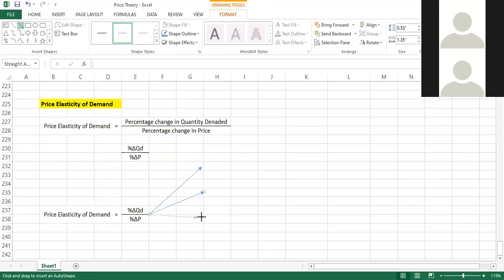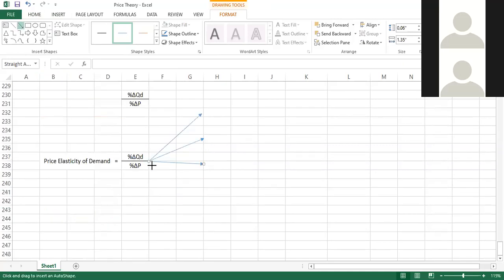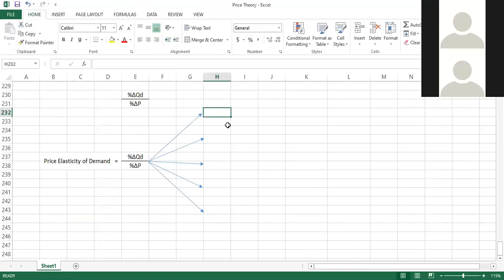What are the different types of answers we can get for this calculation, right? So when we calculate the percentage change in quantity demand with respect to the percentage change in price, sometimes the answer may be 0, right? So price elasticity of demand may be 0. Usually this price elasticity of demand we denote as PED, right? Sometimes PED may be equal to 0. What is the meaning of that?